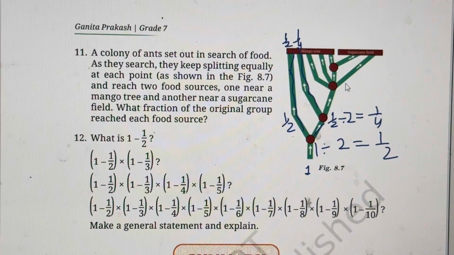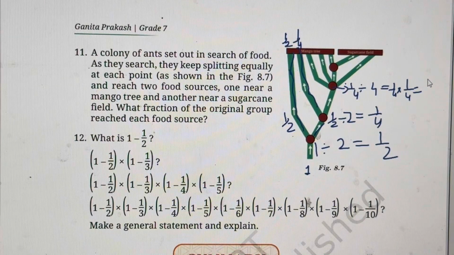It reaches here. So when it reaches here, 1/4 is divided again into, now see here, how many parts? 1, 2, 3, 4 parts, not 2 parts. So we divided by 4. 1/4 divided by 4. So that is 1 upon 4 into 1 upon 4, which becomes 1 upon 16, right?